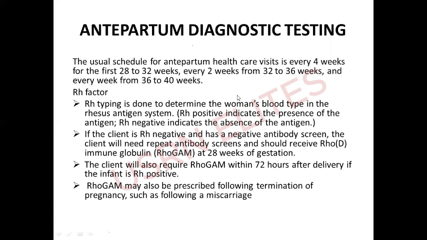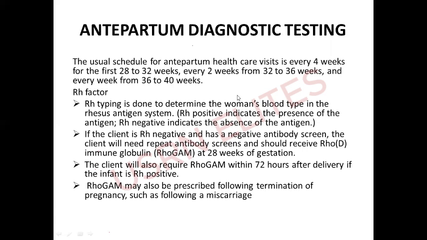Are they going to do something with the baby to know the baby's type before you are given the dose? No, it is basically done on the mother, even though samples can be taken from the fetus, but that has its own side effects, especially with amniocentesis. So it is not mostly done whilst the fetus is still in the uterus. Until the baby is born, that is when you can determine the status of the baby.